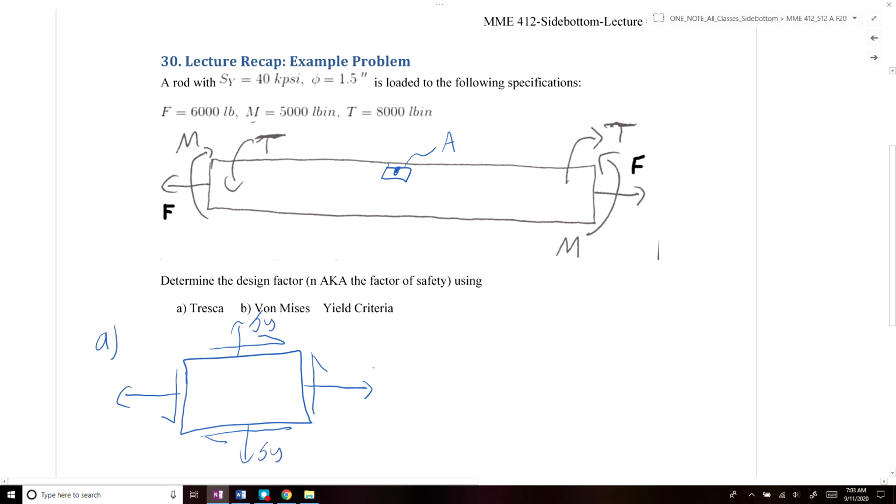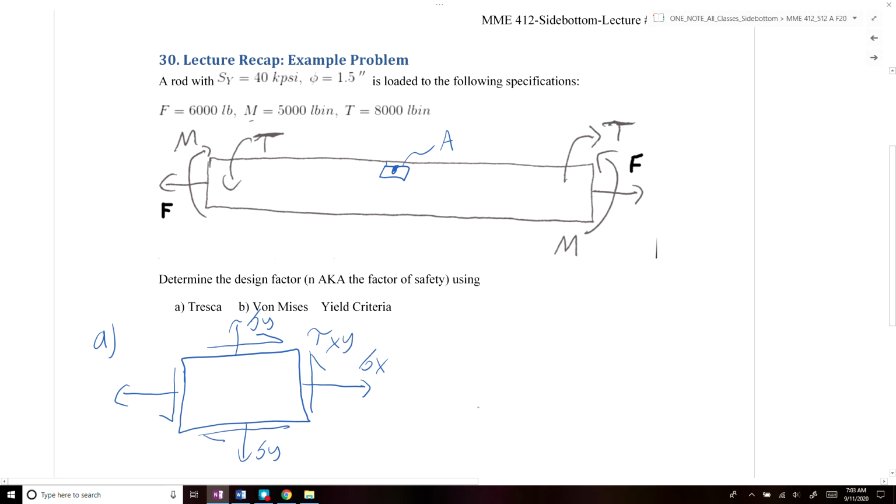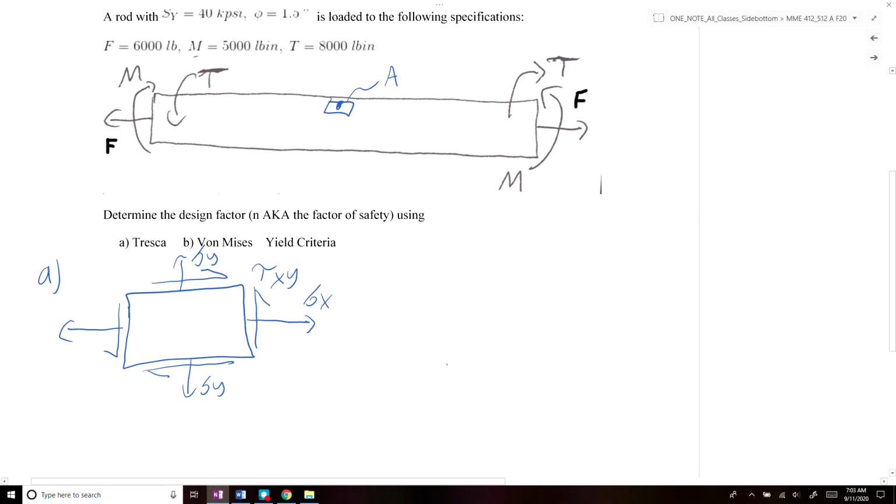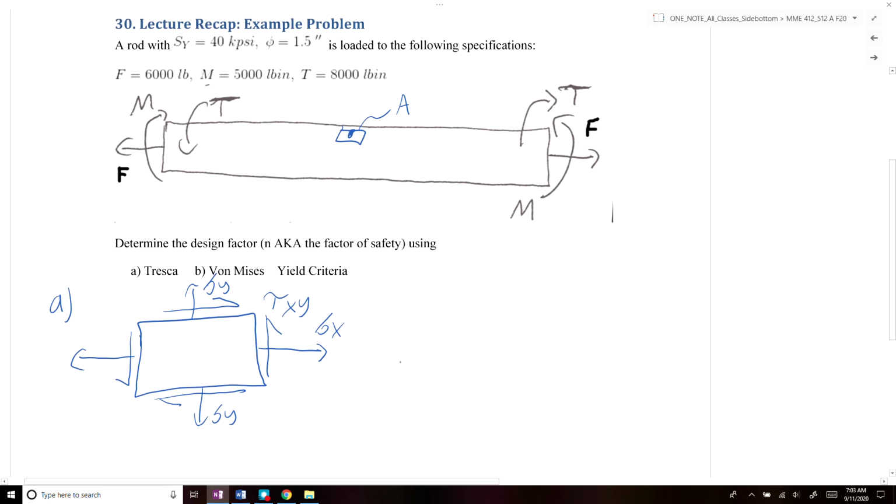So what we need to know is what is sigma x, what is tau xy, and what is sigma y. Based off of the loading cases, sigma x we can say is going to be the superposition of our bending stress plus our axial stress.